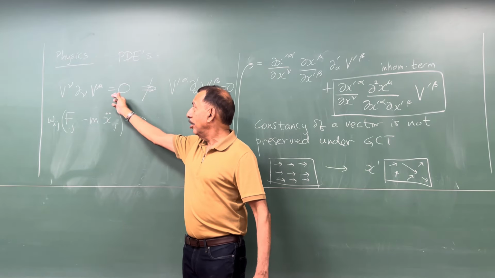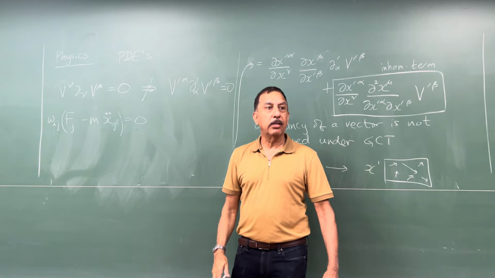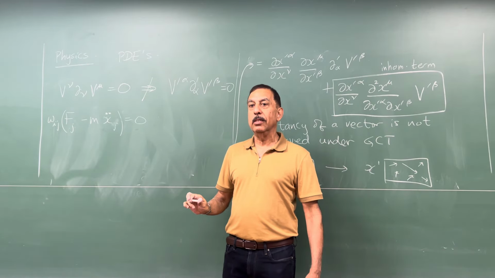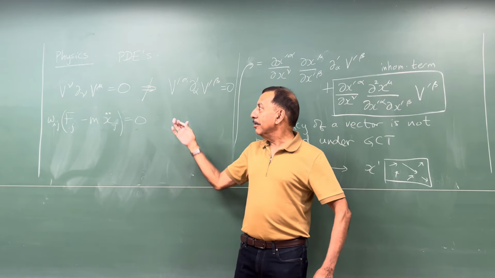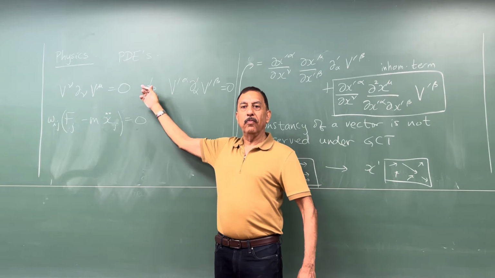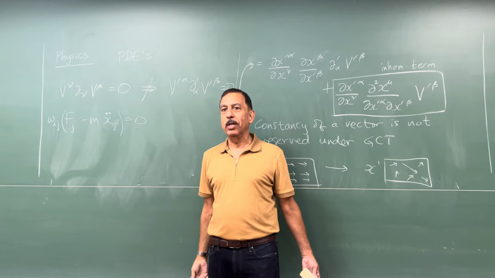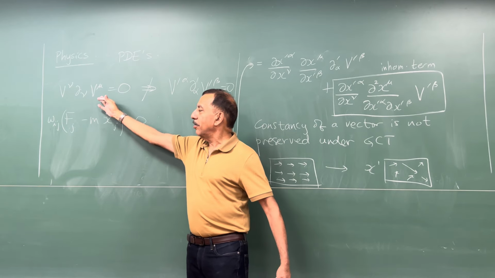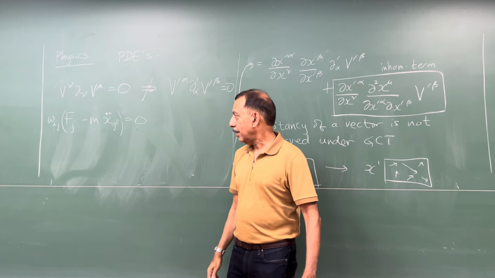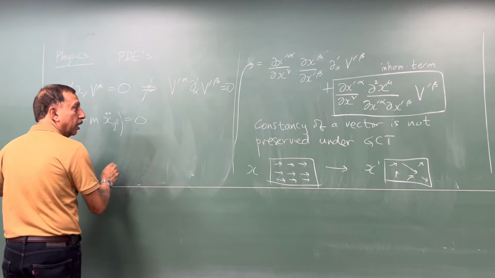Okay. And this problem, that the ordinary derivative of a vector is not invariant in the general coordinate case, means that we can't have laws of physics which will satisfy the principle of equivalence, for example, or just which will be coordinate invariant if they are based on such quantities. Now let's ask the question why.